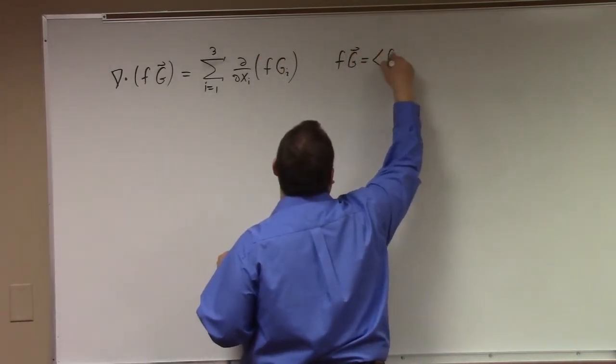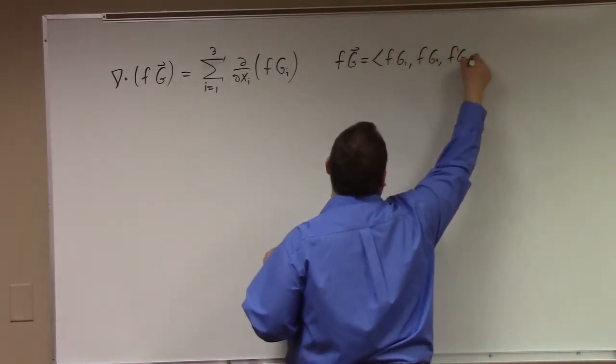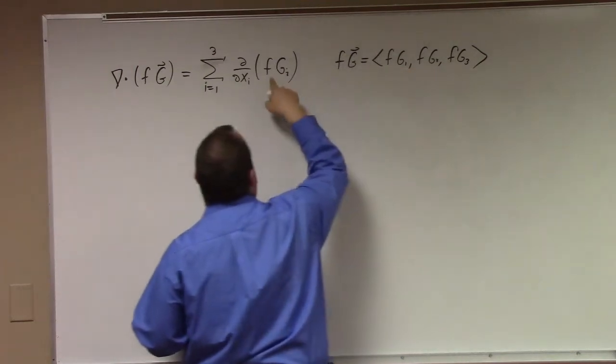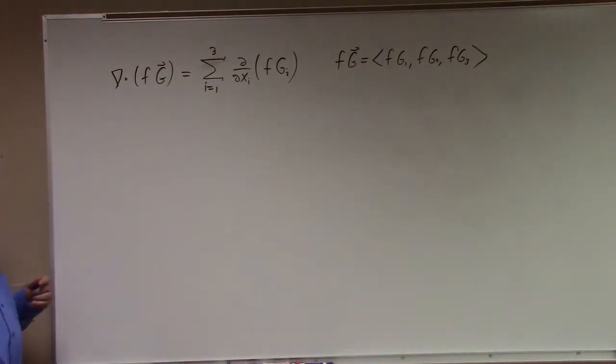It's equal to (FG1, FG2, FG3), right? So this is the ith component of FG, right? What is the formula for the divergence? It's the ith derivative of the ith component, summed from i equals 1 to 3.